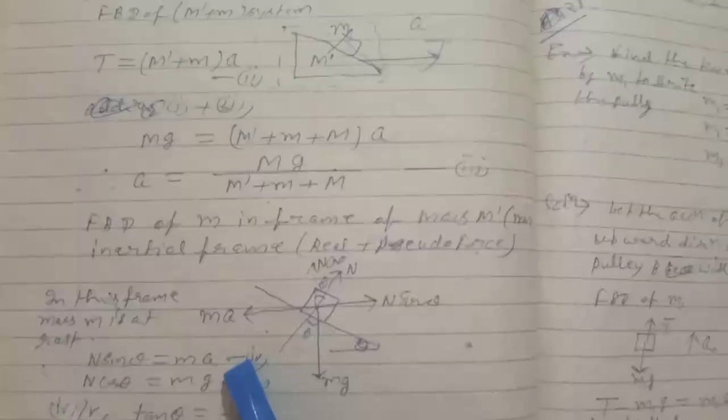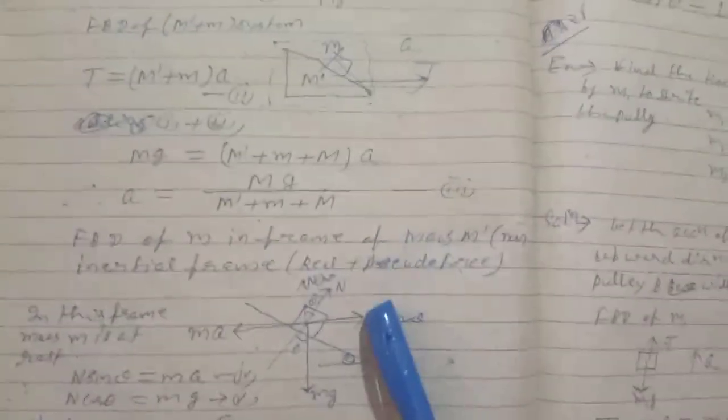Now the FBD of m in the frame of mass m dash. In this frame we are drawing the FBD of this body. Mass m dash is a non-inertial frame, so we have to apply real as well as pseudo force.